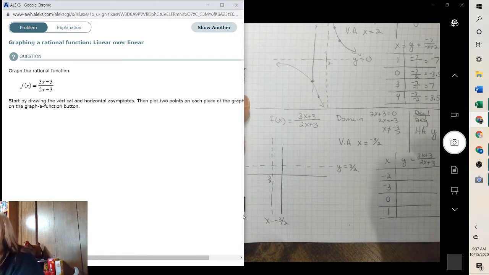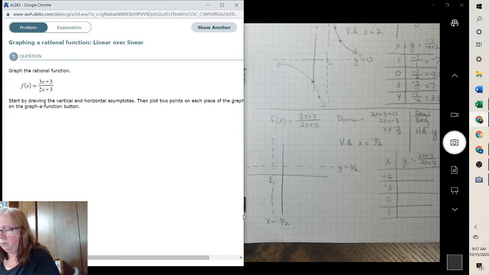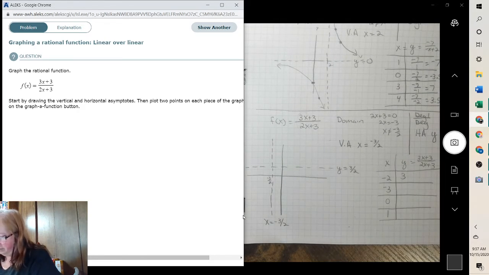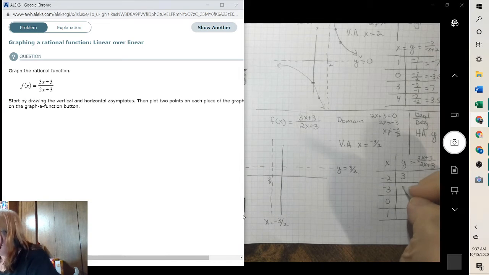So if we plug in -2 into (3x plus 3) divided by (2x plus 3), we get 3. If we plug in -3, we get 2.